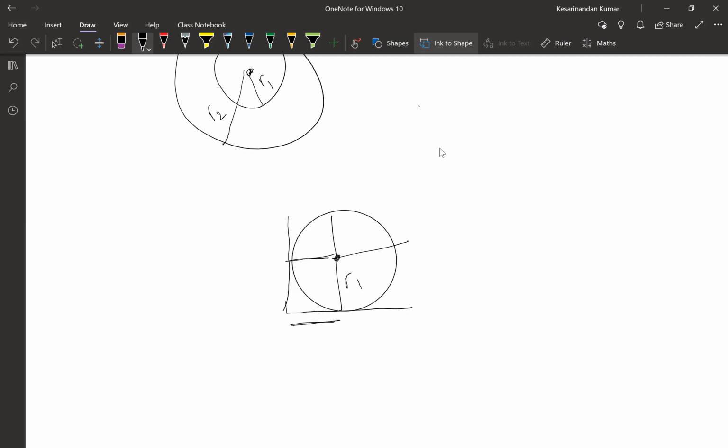Anybody having any doubt with that part? Okay. And what will be this angle, guys? 90. Yes, it will be 90. So if I have this total distance, and if I know the radius, can you tell me what this distance will be, guys?